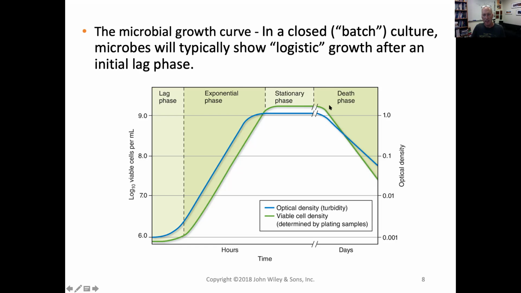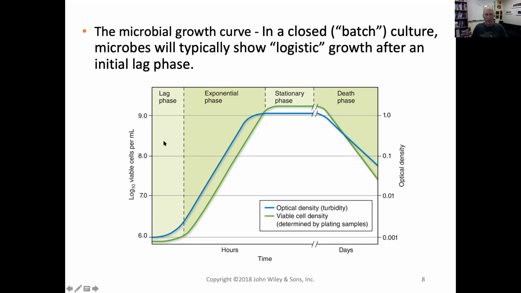You notice here that in death phase, the optical density doesn't drop as fast as the viability. That's because a cell can be intact and scattering light, but not alive, okay? So again, there are reasons why these don't exactly track sometimes, but usually they resemble each other fairly well until you get to the death phase, and then they can diverge, okay?